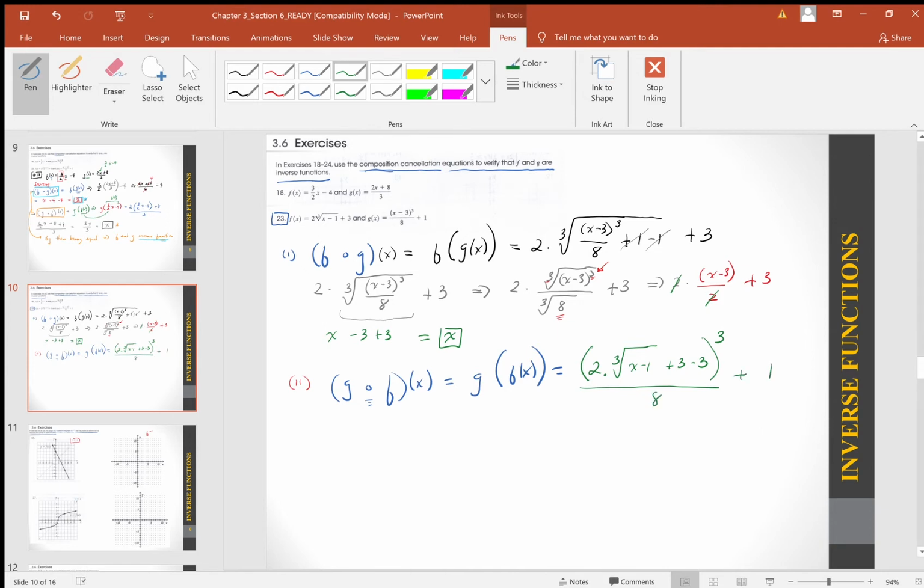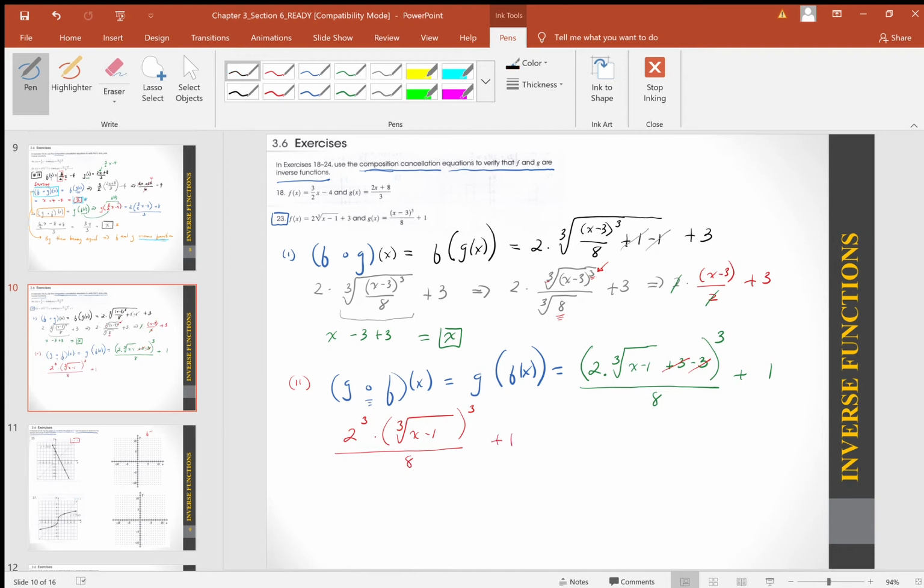Okay, when we do the math, we know that these two go to 0. Okay, and I'm just going to rearrange this now to be 2 cubed times the cube root of x minus 1, and that's also going to be cubed divided by 8 plus 1.